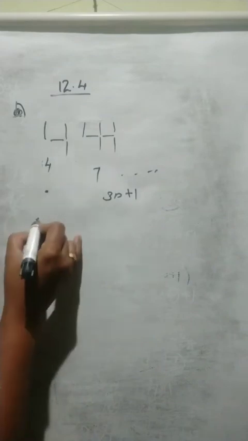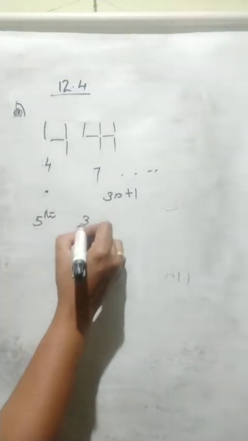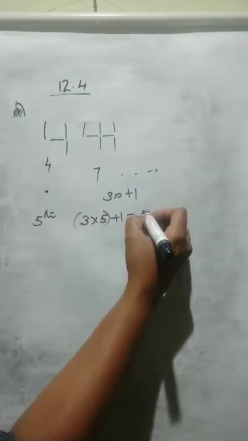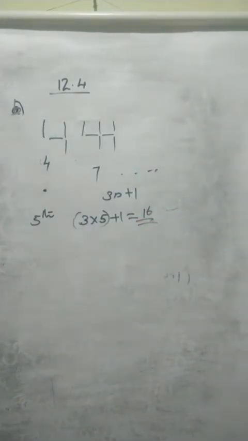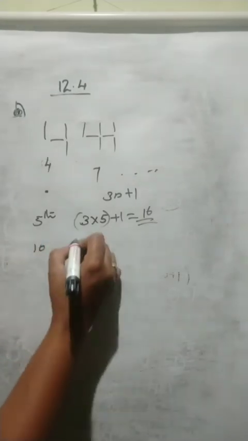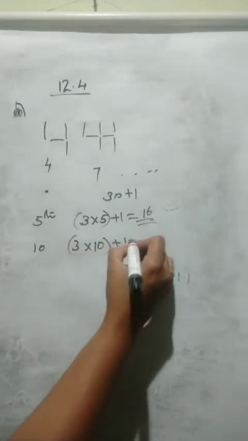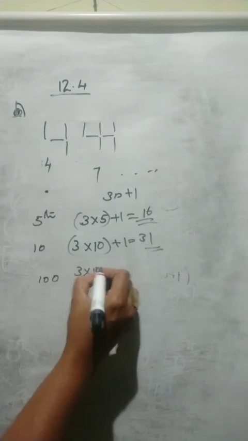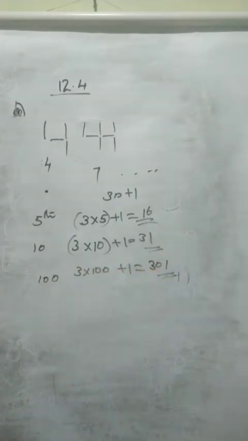Now the question is we have to find the 5th term. That is how many will be there? 3 times 5 plus 1. That is 3 5s are 15 plus 1. 16 is the answer. Okay. Then for this 10, 3 times 10 plus 1, that is 31. Then for 100, that is 3 times 100 plus 1, that is 301. Got it?